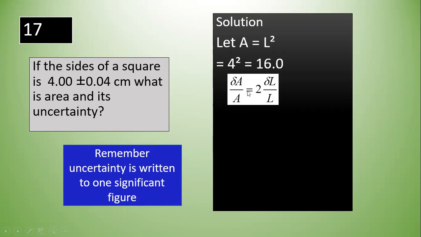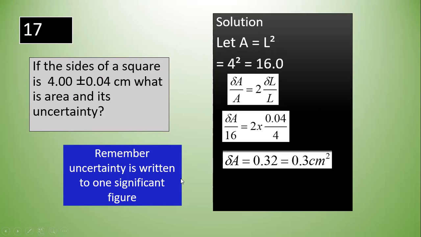Then if you use the rule, delta A over A is 2, take the 2 down there, delta L over L. A is 16. Use your calculator, take the 16 over, calculate out. Remember one significant figure, then that's how you will write it.